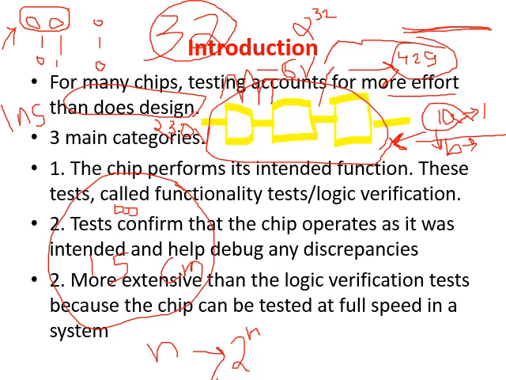There will be multiple chips, maybe 500, maybe 1000 chips can be manufactured on the single silicon wafer, and these 1000 chips are to be tested individually. Why is testing individually required?